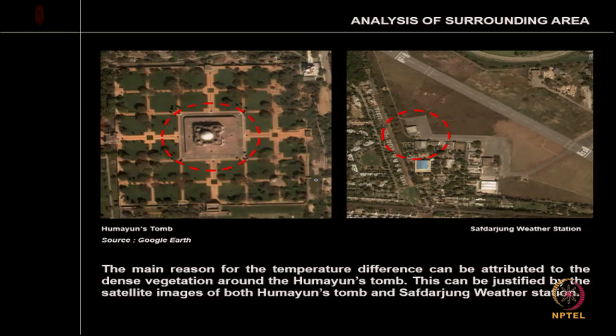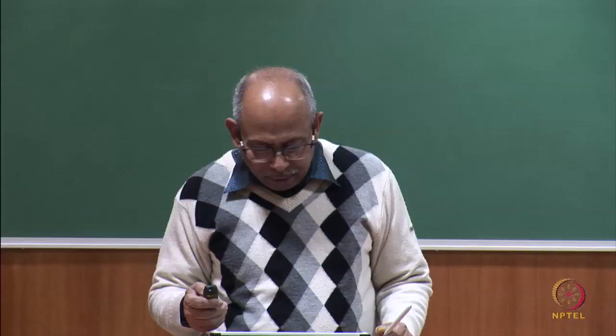Okay. And if you see this, this exists somewhere away from the Safdarjung weather station, which is, this is a flyover passing by, and there is a weather station there, where there are a lot of built up areas. In this one there are so many green areas, right. We will come back to this again.